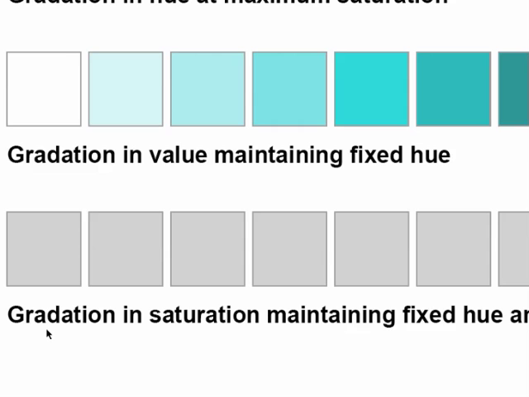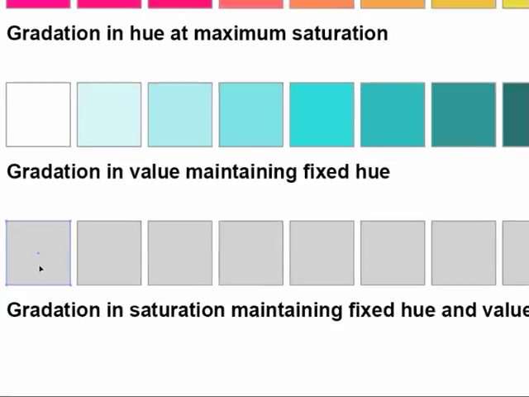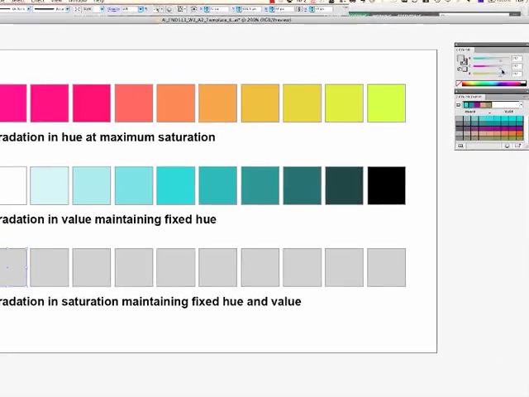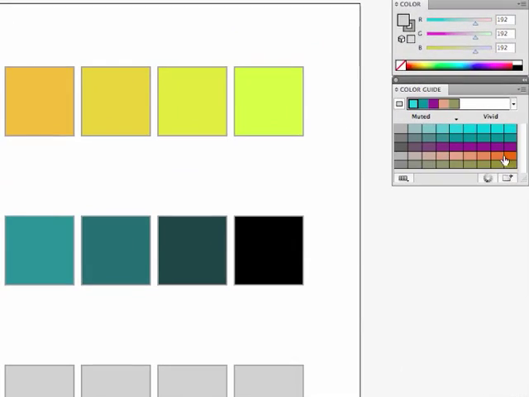Now for our last one, we've got gradation in saturation, maintaining fixed hue. So we'll start with a pure color, and this time I'll start with something in the orange range. Something like that.